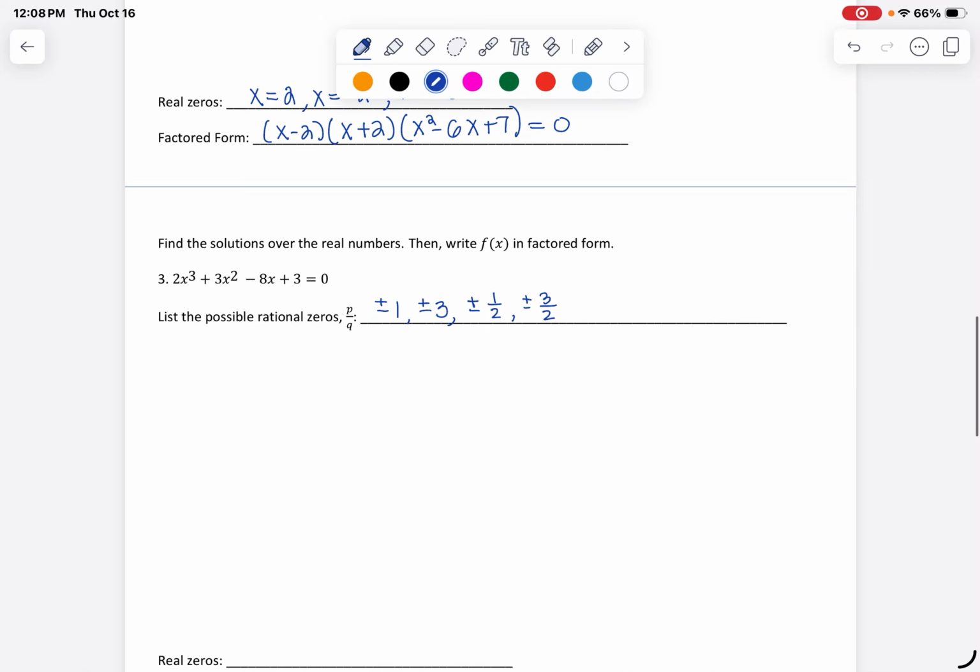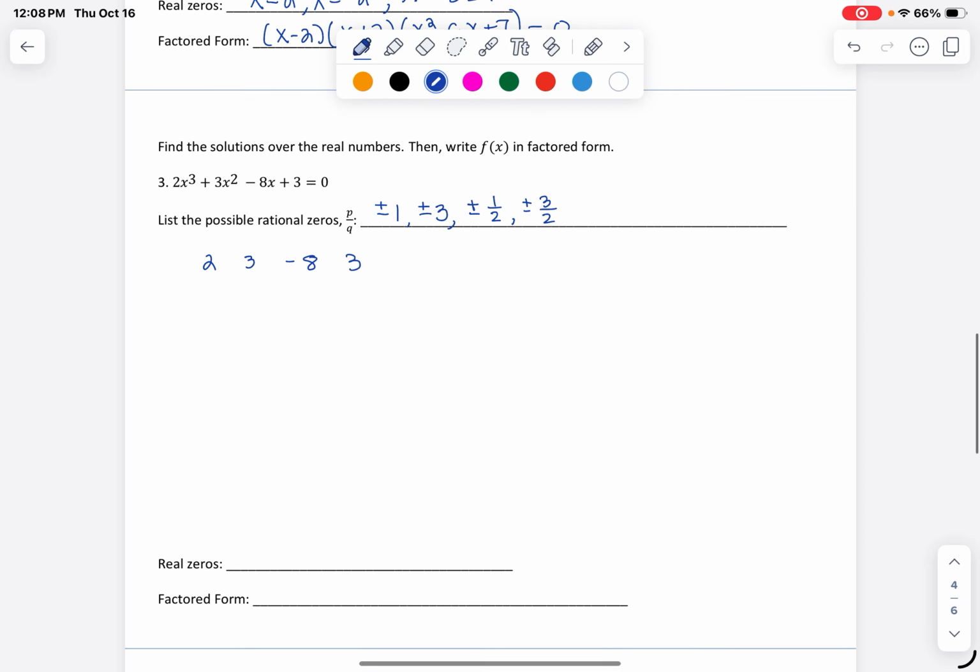Okay, so my coefficients are 2, 3, -8, and 3. I'm going to start with trying 1. Drop it, that's 2. Multiply, that's 2. Add, that's 5. Multiply, that's 5.